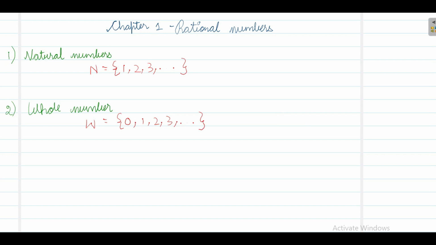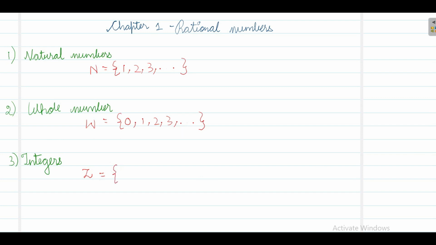Okay. The third number system which we have come across is integers. This is where you would have come across even negative numbers for the very first time in mathematics, right? How do you represent integers? You use capital Z to represent integers, and integers are nothing but the set of both negative and positive numbers including 0.